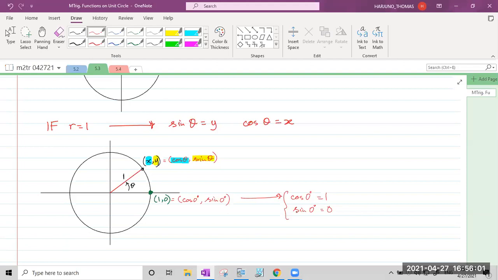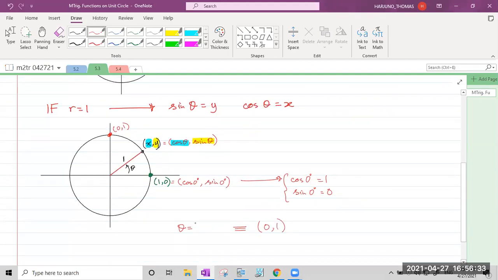Now, the new thing in 5.3 is that instead of theta in degrees, you can also talk about theta in radians. So for example, take a look at the coordinate corresponding to this point here. This is coordinate 0, 1, right? So what is the angle that corresponds to 0, 1?